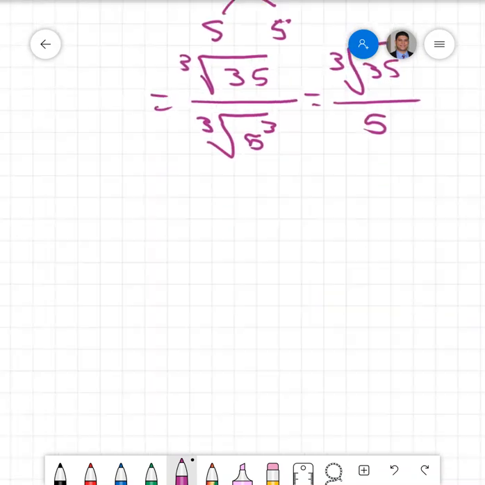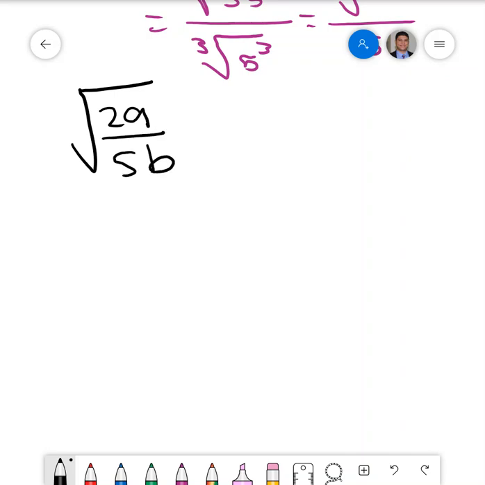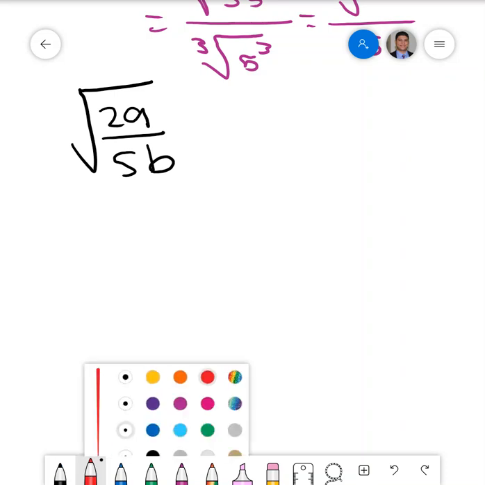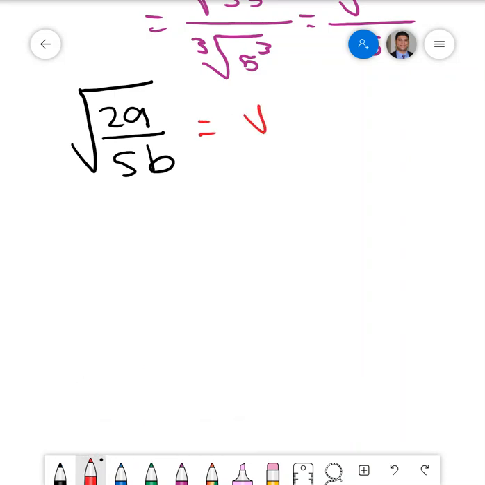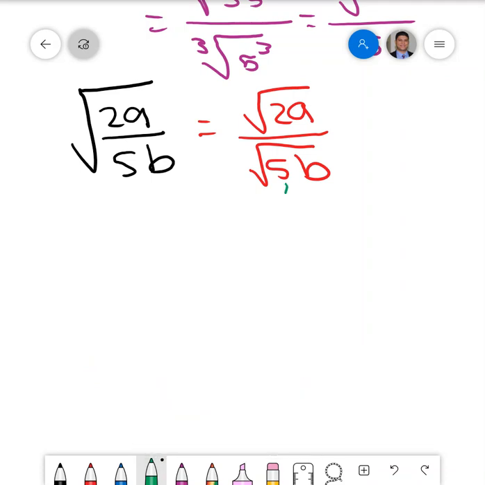Another example, the square root of 2a over 5b. First we have to distribute the square root here. So we have the square root of 2a and the square root of 5b. To get rid of the square root here, we need to make 5 to the power of 2 and b to the power of 2.